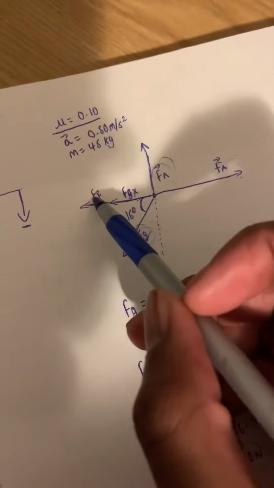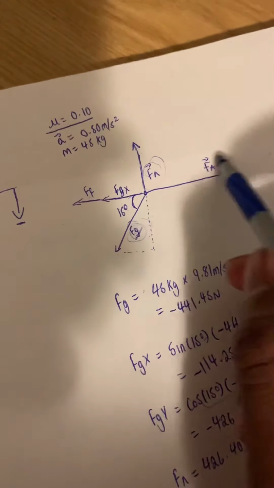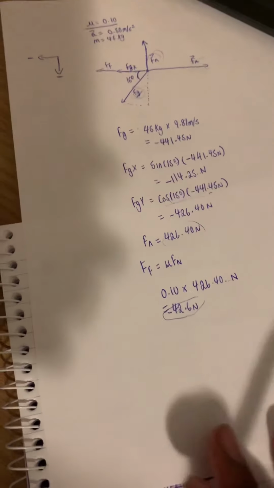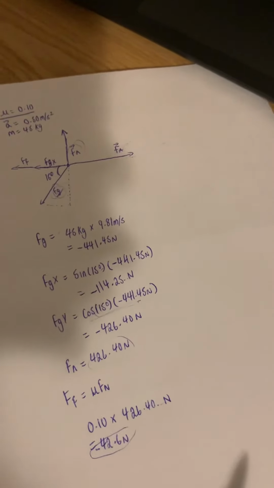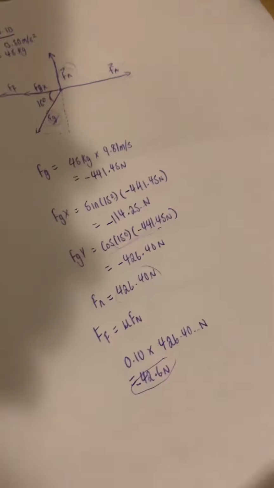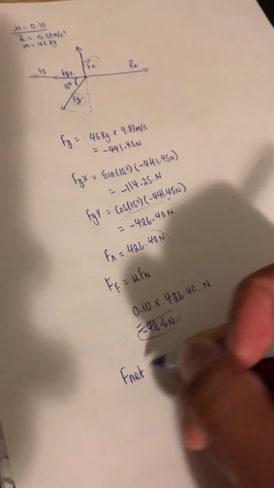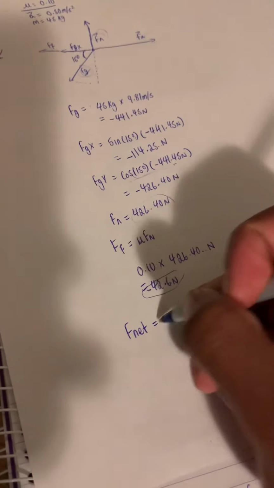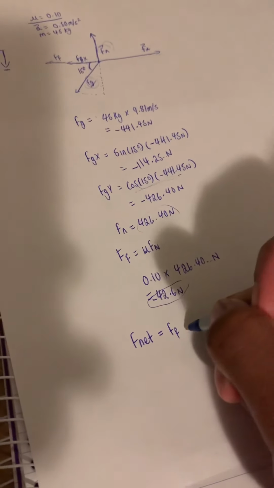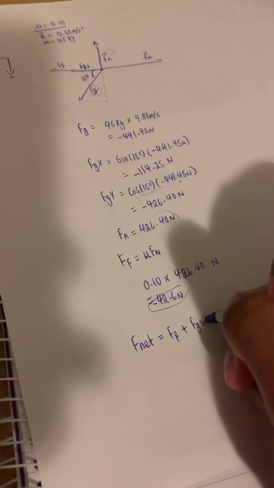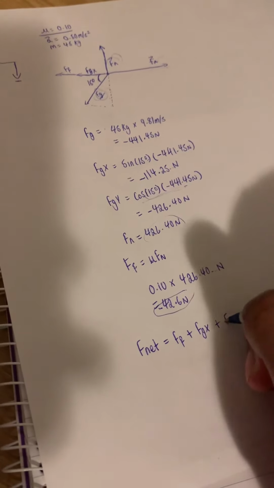So now we have all of these components, and we're just left with figuring out Fa. So now we have to develop a relationship which is going to help us figure out Fa. Okay, so to start this off, I'm going to make an Fnet statement. So Fnet is equal to force of friction plus Fgx plus applied force.